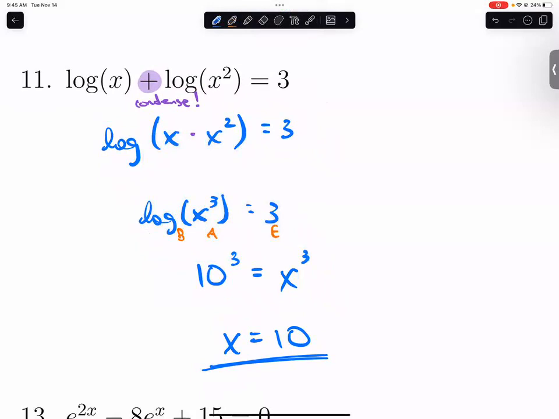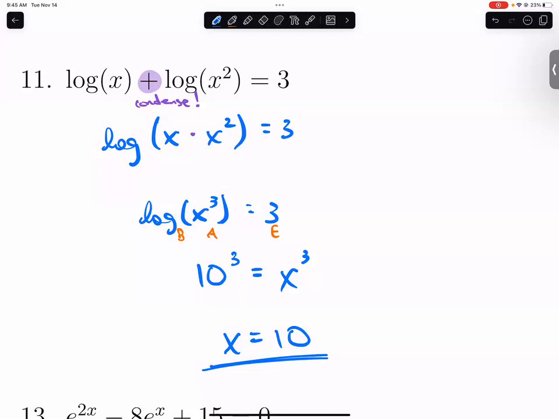So log, with no base, is common, so base 10. That's the one where the base is implied. But yeah, that's base 10. Just as an aside, you could also use the power rule if you wanted, right?